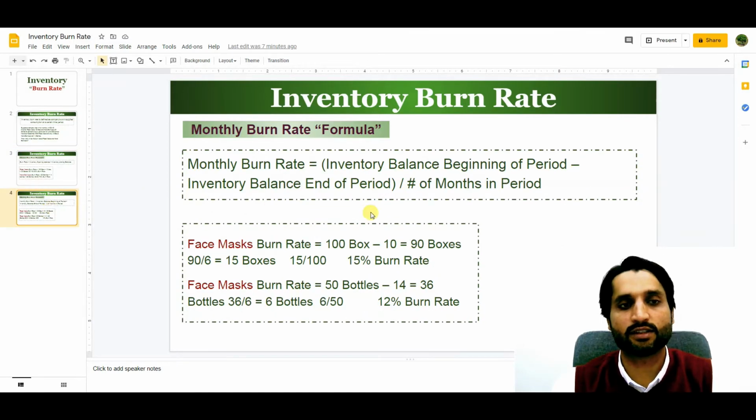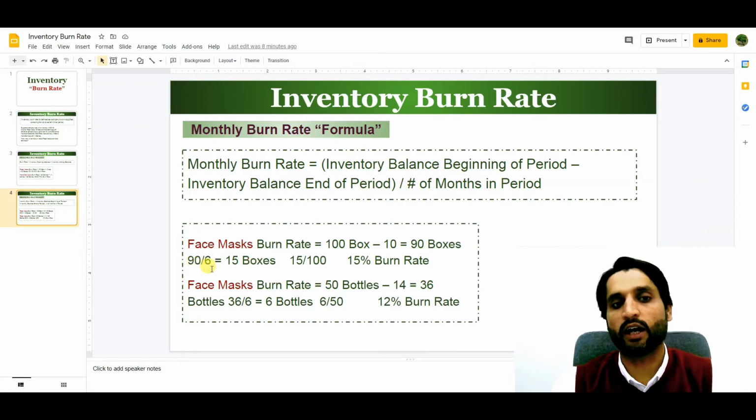The second method is that we need to calculate the monthly burn rate. Monthly burn rate is equal to inventory balance at the beginning of the period minus inventory balance at the end of the period, divided by the number of months in the period. Suppose for face masks, 100 boxes opening balance minus 10 is equal to 90 boxes we have burned already.